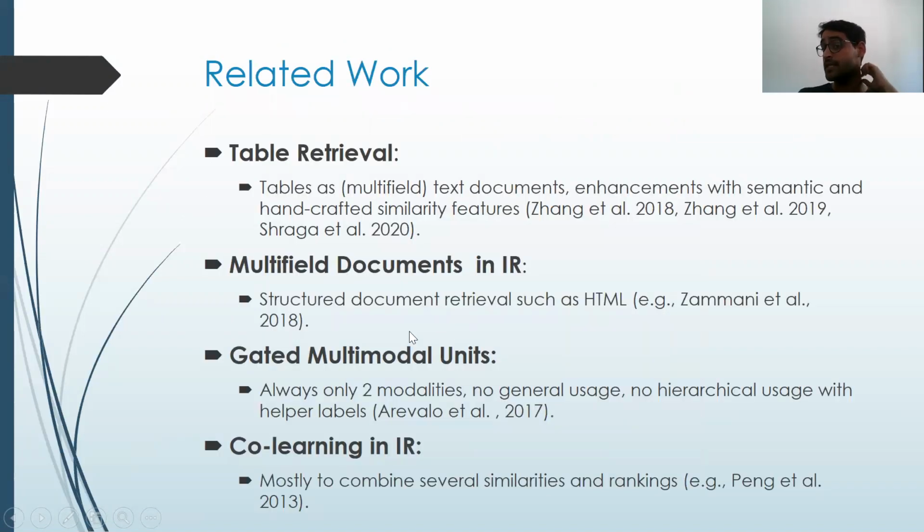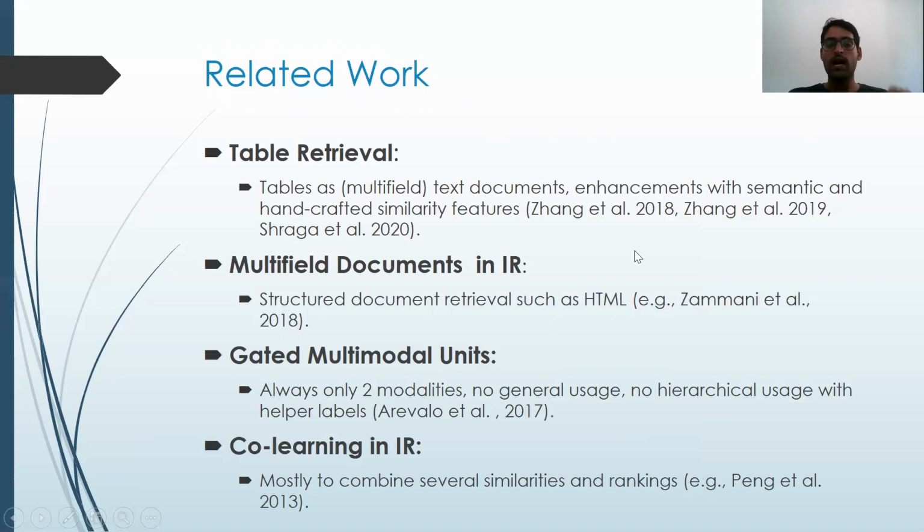Originated in the database community, table retrieval is a fairly new task. Most works have looked at tables as text documents and enhanced the representation using semantic and similarity-based features. In our work, we automatically extract hidden features using neural networks.